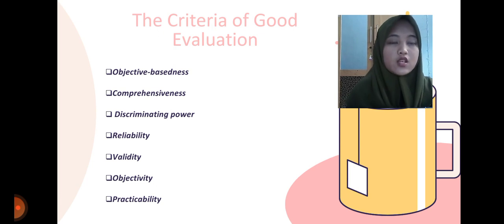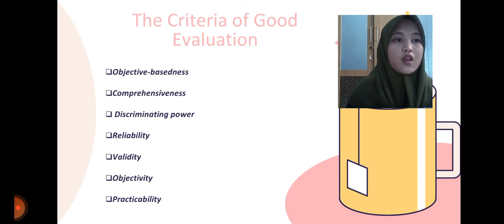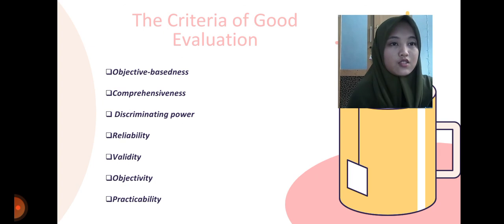The types are content validity, predictive validity, construct validity, concurrent validity, congruent validity, factorial validity, criterion-related validity, and so on.